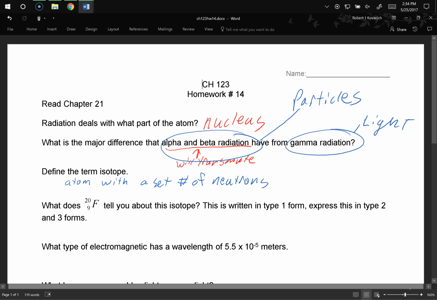It's not a sliding scale. It's a go, no go. Is it radioactive or not? So what is the radiation dependent upon?